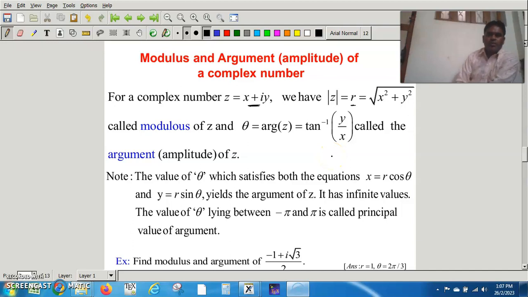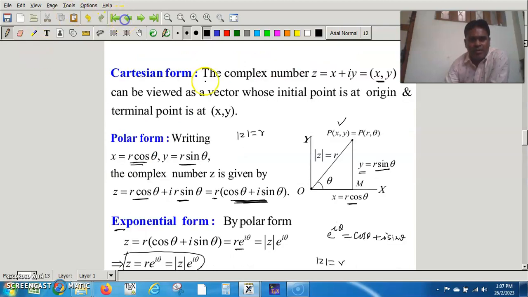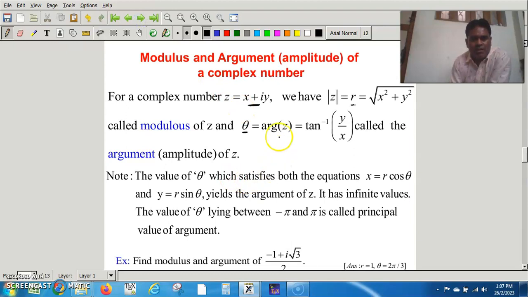Now dear students, suppose we are given a complex number z equal to x plus iy. How can we find the argument? Argument means the value of theta. For a given complex number, this theta is called the argument of the complex number, and it is defined as tan inverse of y by x, where y is the imaginary part and x is the real part.